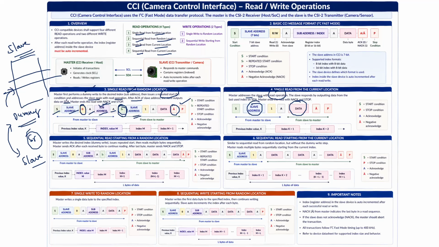Same way, sequential read starting from the random location. So sequentially you are doing the read operation. Similarly, the master writes some desired index location, that means a dummy write is done. After that, it issues the repeated start. Once the master is receiving data from the slave side, multiple data bytes I need to receive from the slave.